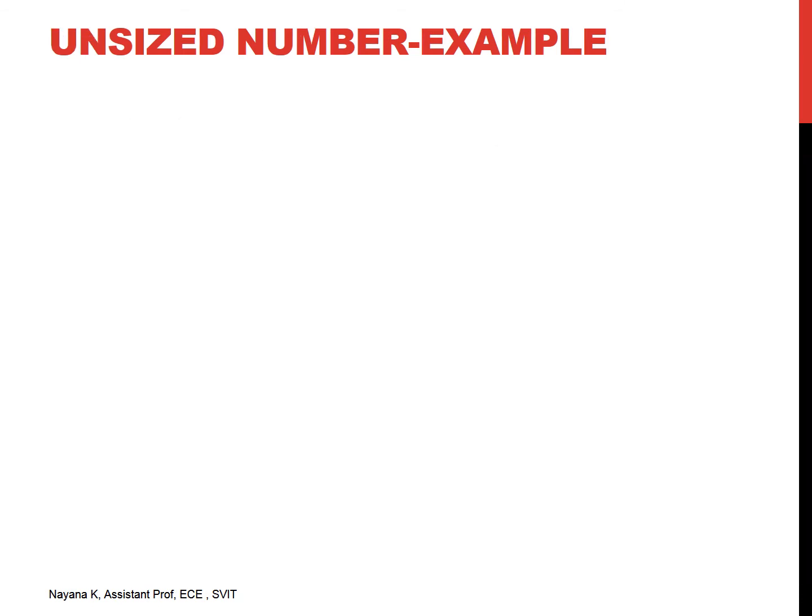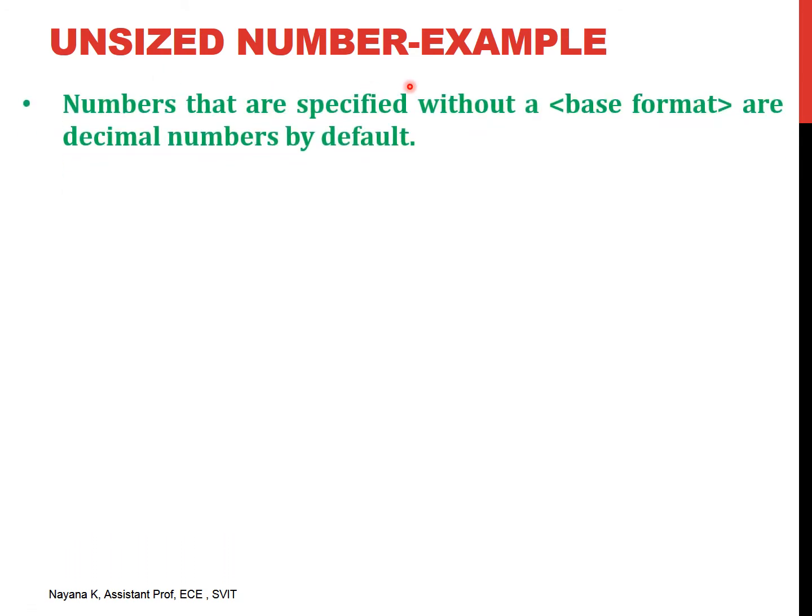Now let us understand an unsized number. If we do not specify any size or do not mention a base format, the general format was size, base format and the number. If we do not mention any base format, by default, the number system considered is decimal.